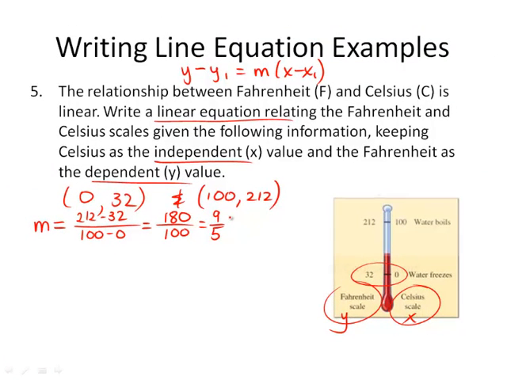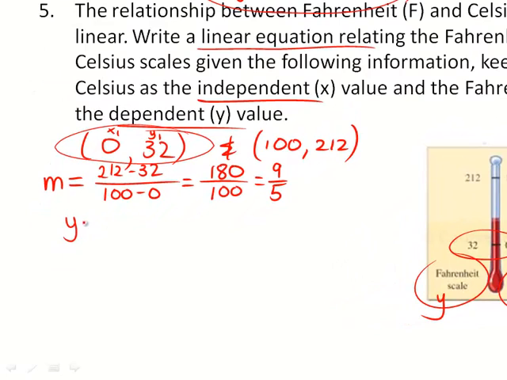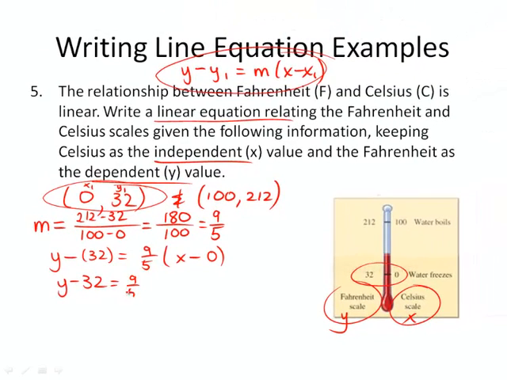Given our slope, we can now pick a point. Let's pick 0, 32 as our x1, y1, and we're going to input it into our slope-point formula. So y minus 32 equals 9/5 times x minus 0, which really is y minus 32 equals 9/5 x. Add the 32 to both sides, and you get y equals 9/5 x plus 32.